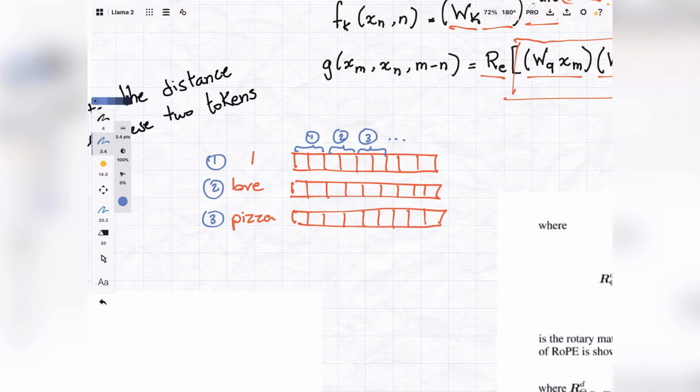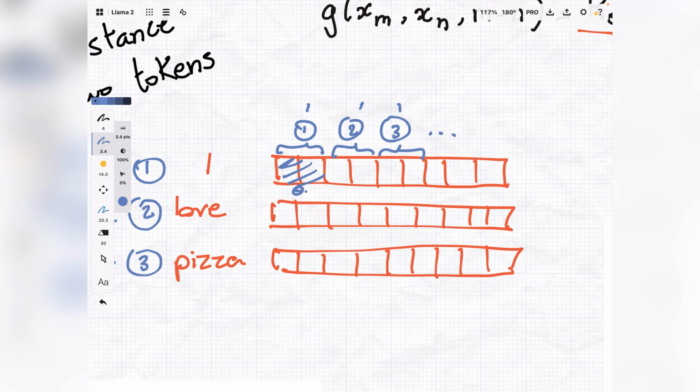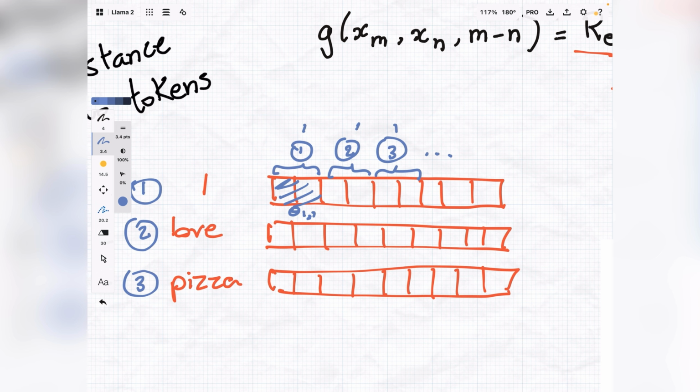So the thetas that we pre-compute, we need to compute as many thetas as we have combinations of token position and pairs. For I and this first pair, we have theta 1, 1, 1, let's say. For I and the second pair, we have another theta.